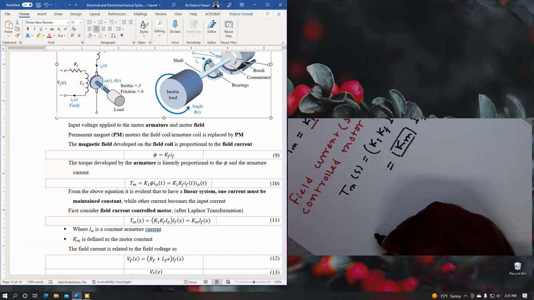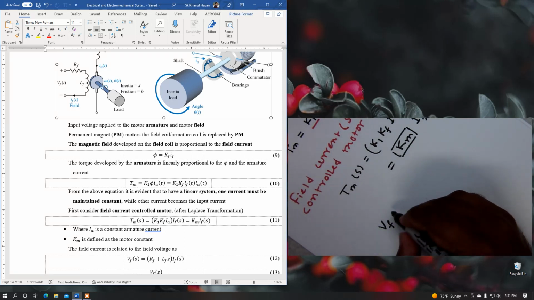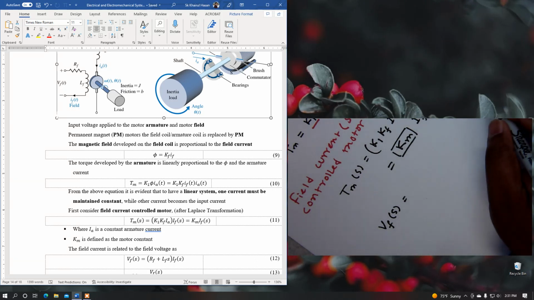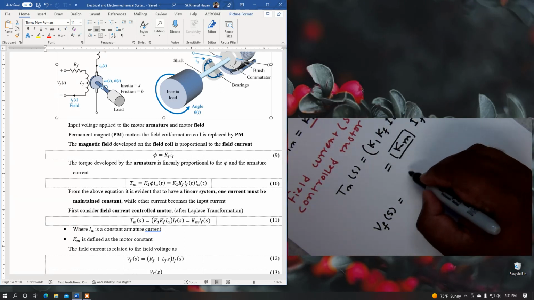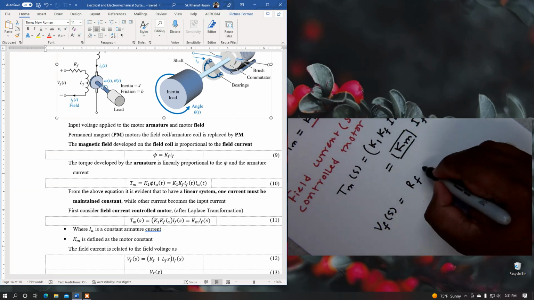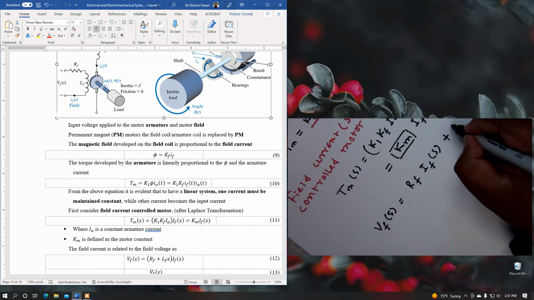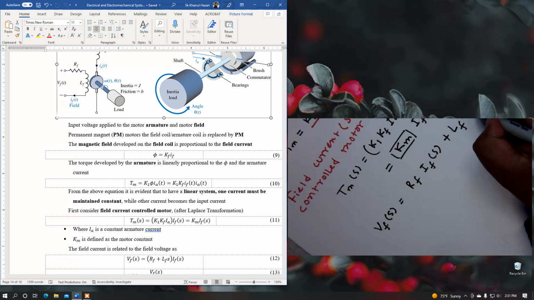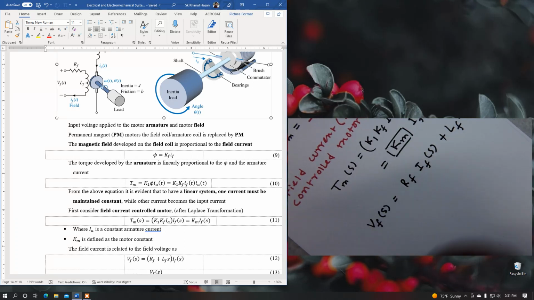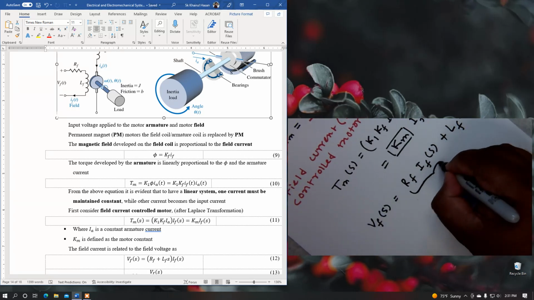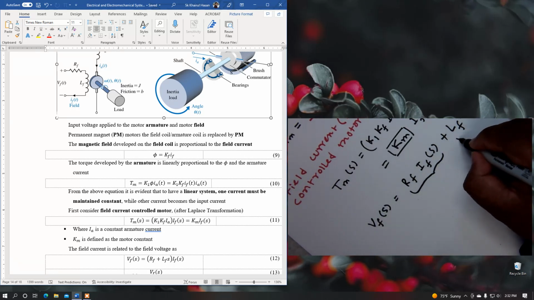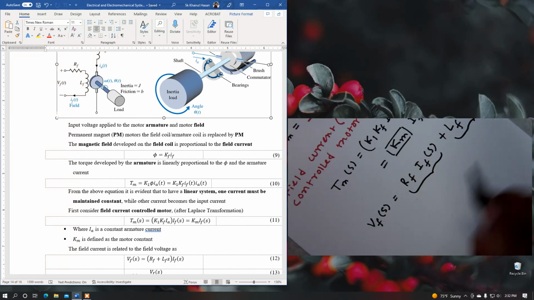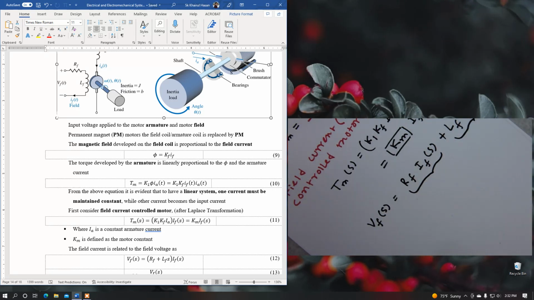And now if we apply Vf, that is if we apply a voltage to the field, it will be equal to Rf, the field resistance, times If(s), plus Lf s times If(s). So it will be equal to the resistance of the field plus the term due to the inductance of the field coil.